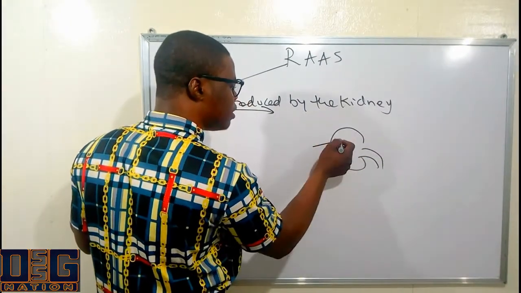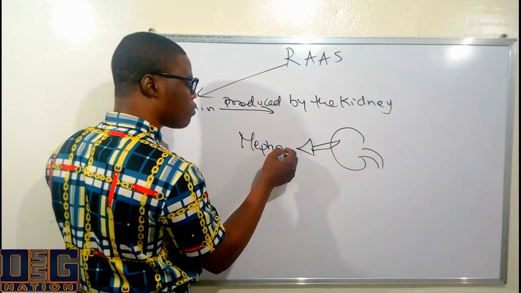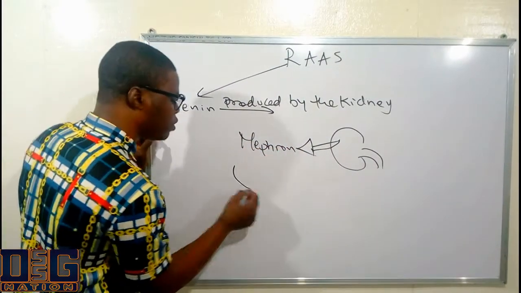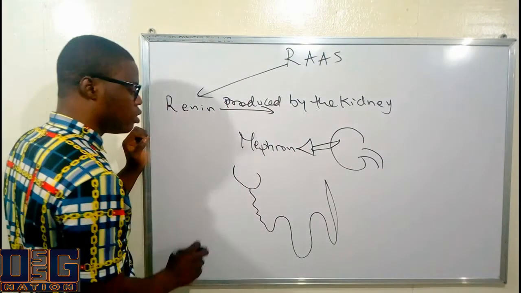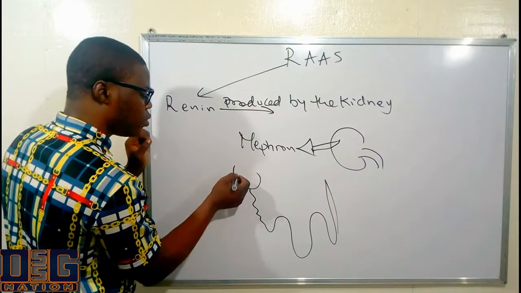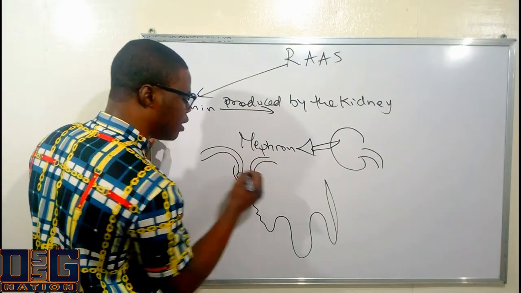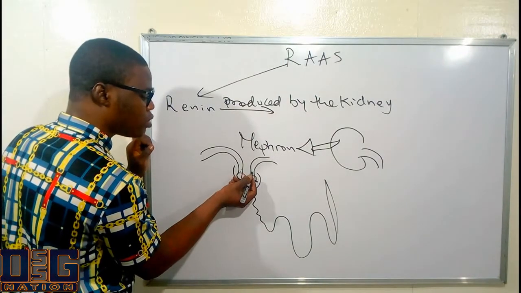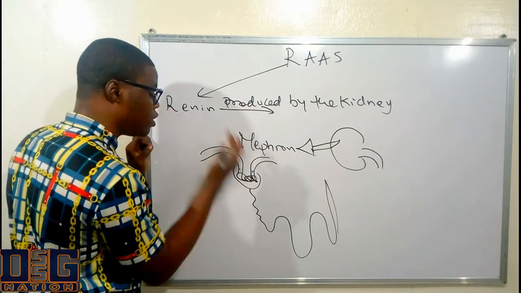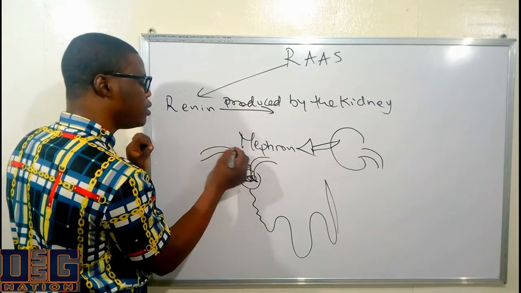Within the kidney, the microscopic structure of the kidney is called the nephron. This is just the diagram of the nephron. For the nephron, we have an afferent arteriole that forms a capillary bed, and then the efferent arteriole. This junction between these two arteries, right here, is called the JGC.